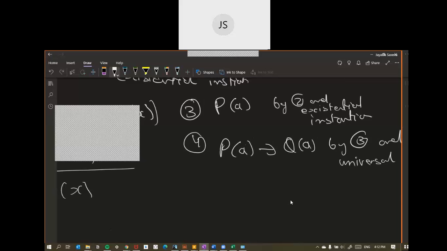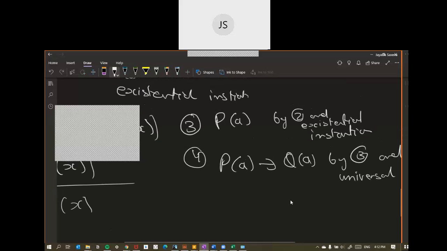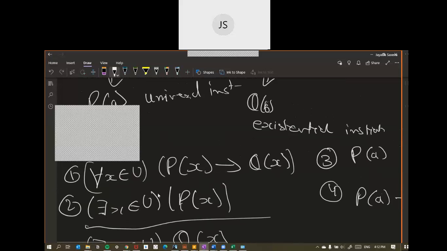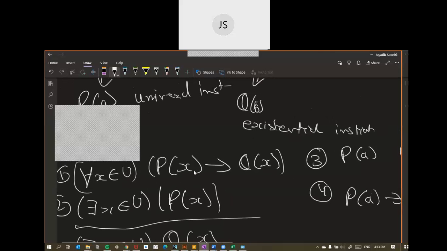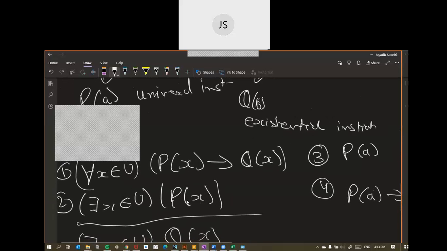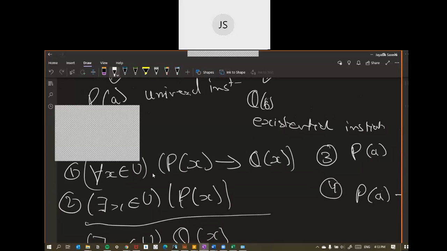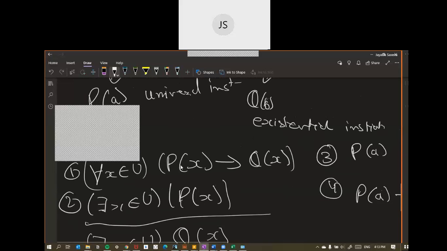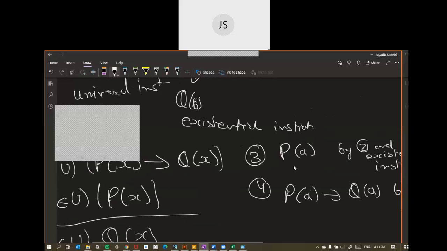Okay, now the key part of understanding this is I can do this from here to here. I can choose the existential part and then use that element in the universal part. But I cannot choose an element in the universal part and use it in an existential part because we don't know if they're going to be the same. Similarly, if this was also an existential quantifier, we could not say if P(a) then Q(a), because a is a specific element, and if this statement was also true for specific elements, we don't know if they're the same.